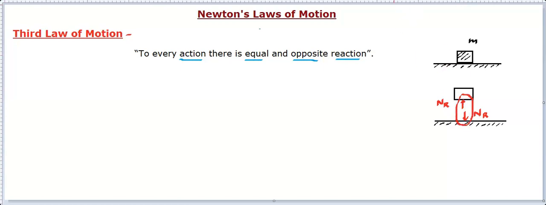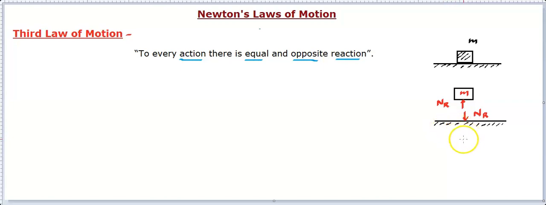That means the action-reaction pair act on two different objects, isn't it? When this M is pushing the ground downside, the ground is pushing this block M upside. And you can think of it otherwise as well: the ground is pushing this object upside, so the object is pushing the ground downside. These are action-reaction pairs.